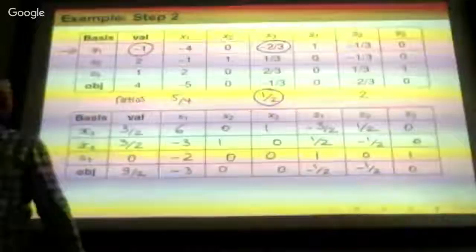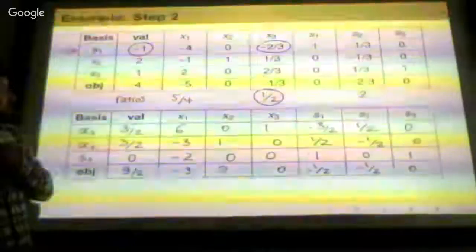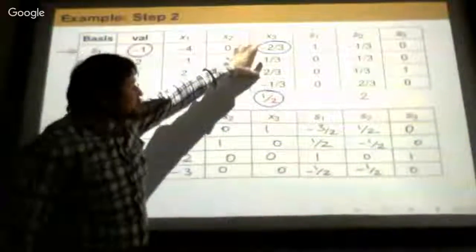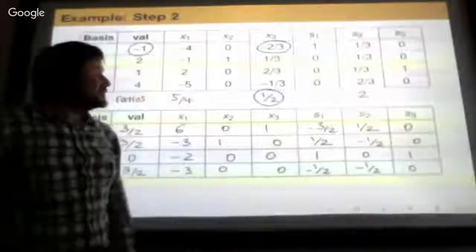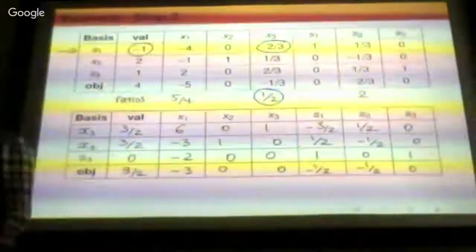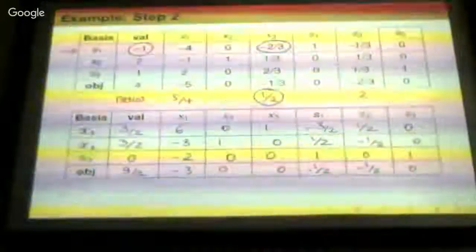And the other rows: this one I can check easily because it's the sum of these two. Minus 2, 0, 0, 1, 0. Yeah, okay. Random check. Things I check work.